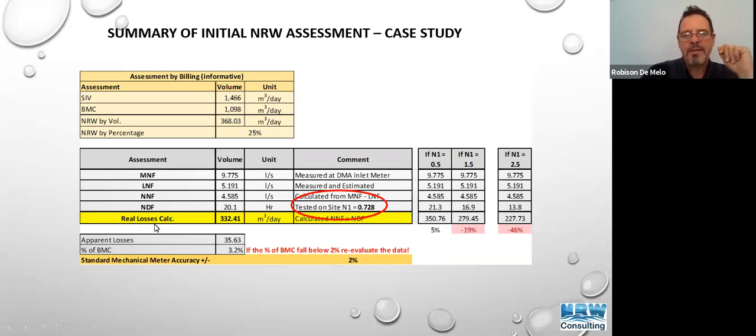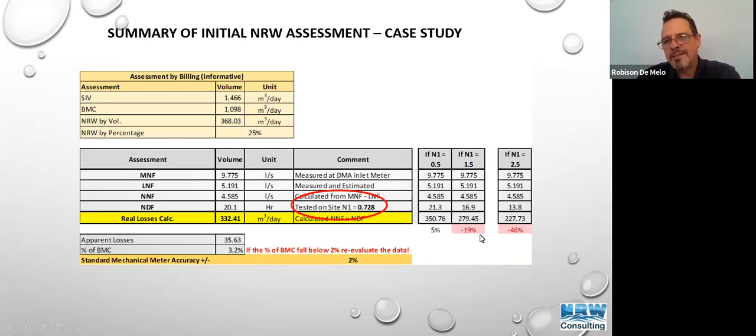Now, I'm just putting the extremes here. If our N1 was 0.5, which is basically a rigid metallic pipeline with no deformation of the holes, we would have 350 cubic meters per day of real losses, which is 5% above our calculation.